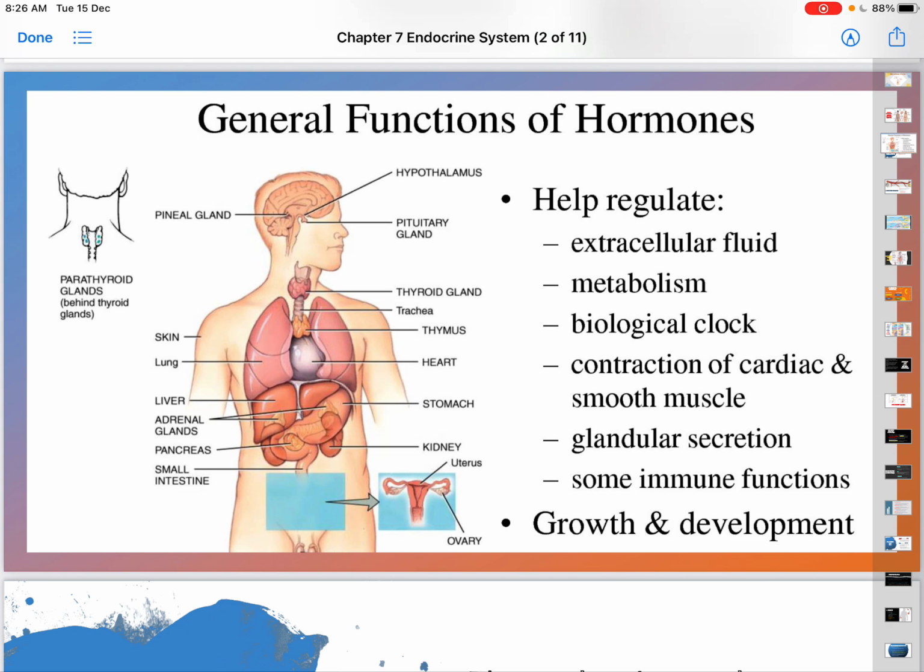Hormones help to regulate extracellular fluid, regulate body metabolism, control the biological clock or the timing of sleeping, control the contraction of cardiac and smooth muscle, regulate glandular secretion, have regulation on some immune function, and also function in growth and development. So these are examples of the importance of hormones.